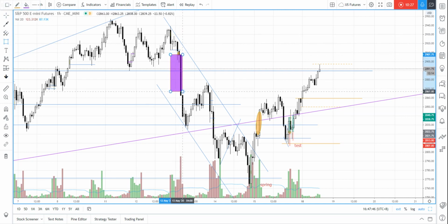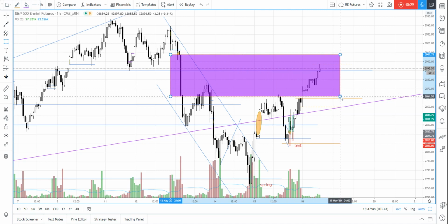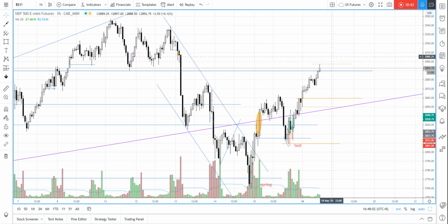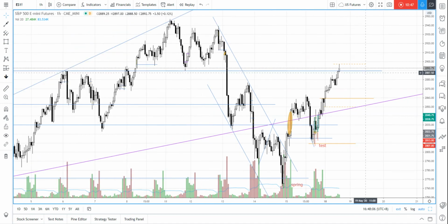As long as we are still within this supply zone, the breakdown bar, then I think we are prone to some kind of reaction or pullback. It's not uncommon to see that. So this is the area that I'm looking for. Going forward, the bias for me is definitely still up for day trading.